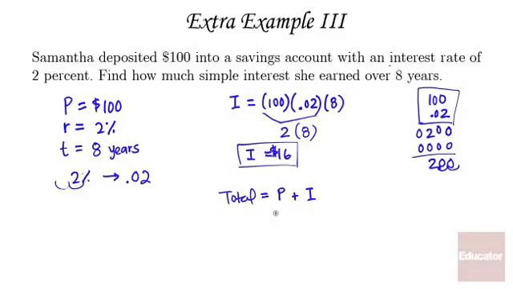So that's $100 plus the $16. How much is she going to have in all? 116. Okay, that's how much she has in all, the amount that she deposited plus the amount that she made from the bank, and that'll be her total. So it has to be greater than the principal amount, right? If it's a savings account, because she made money, her remaining balance has to be greater than how much she had put in, right?